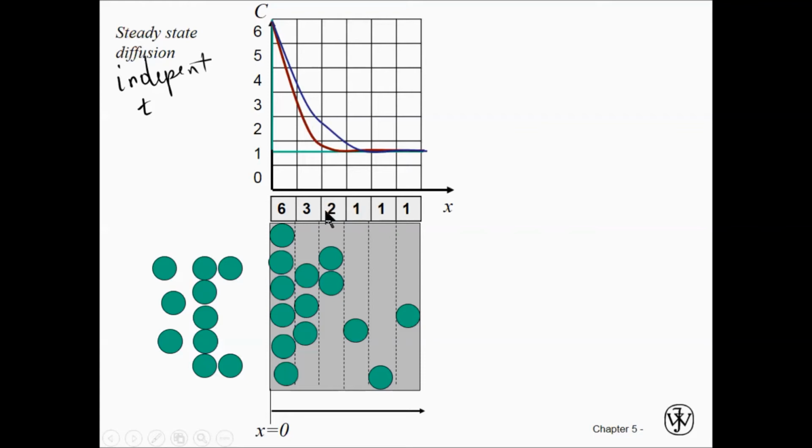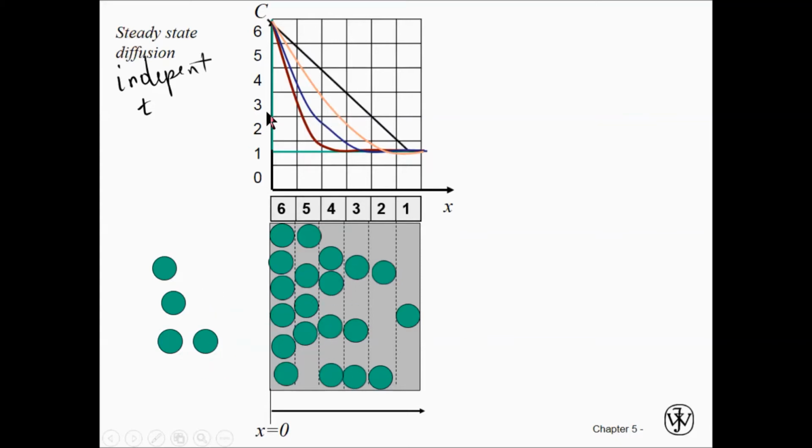So for this distance over here, before it was 1, after some time it was 2. If I wait some more, let's say 3 more hours, concentration will be 3, and so on. So until that point, concentration of diffusing species, in this case copper, changes with position and with time.